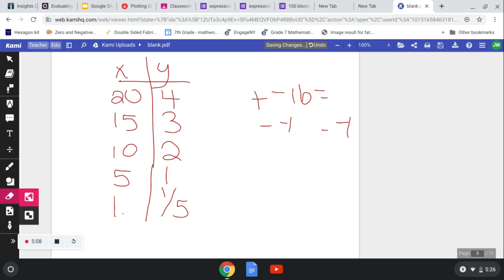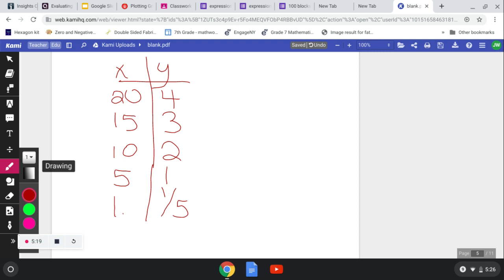Okay, so now I want to go back and see if I can add or multiply anything. I'm sorry, multiply or divide. Because it's going down, I know I'm going to multiply by a fraction, which means I'm dividing. So 20 divided by 5 would give me 4.